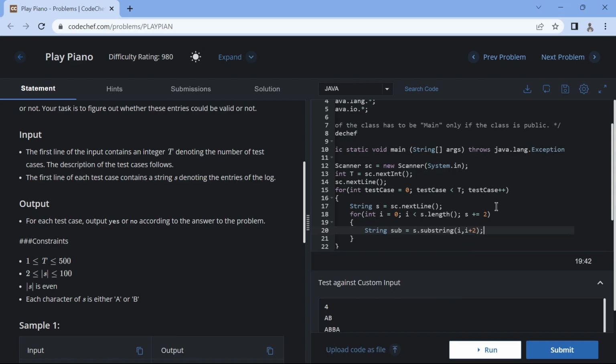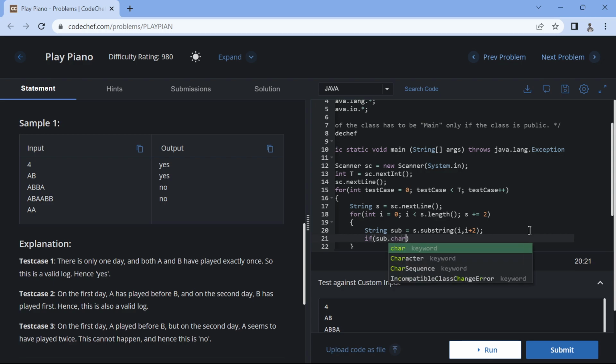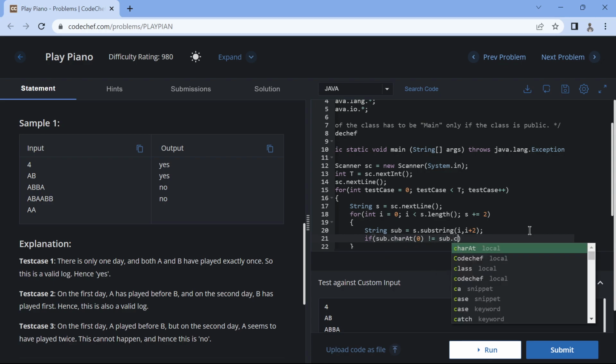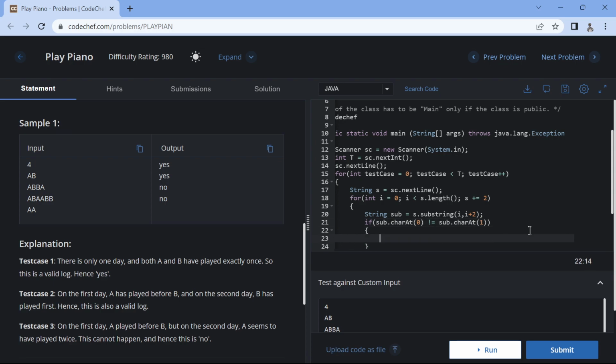That gets us every set of 2. Then we want to check if sub.charAt(0) is not equal to sub.charAt(1).